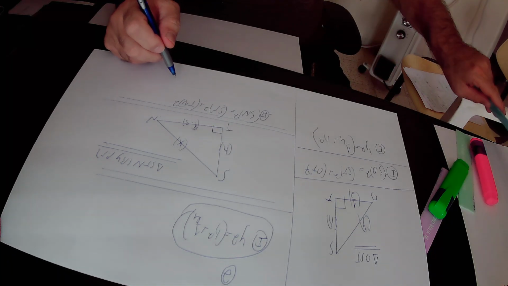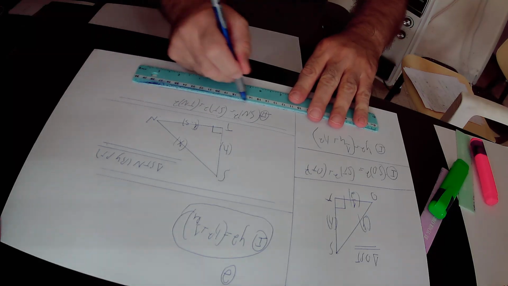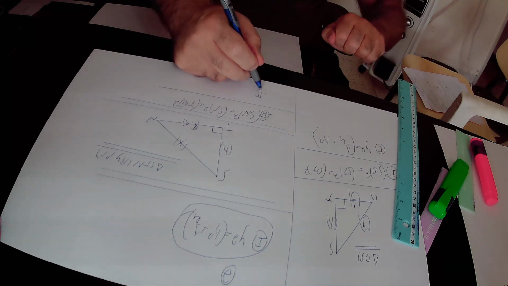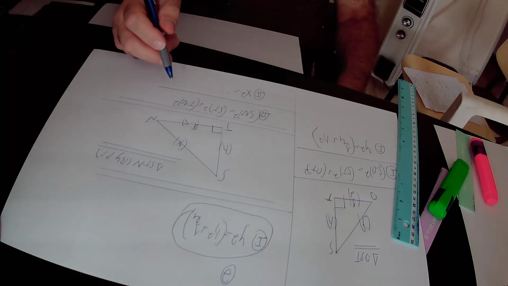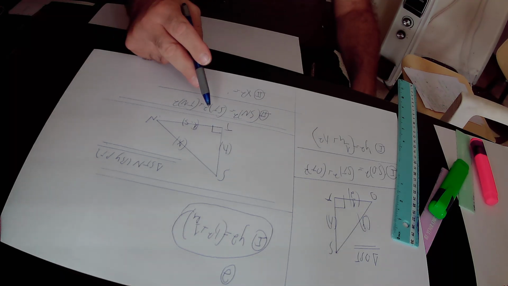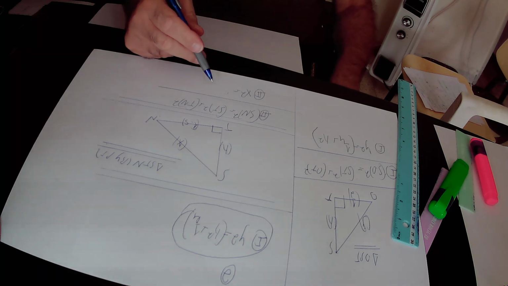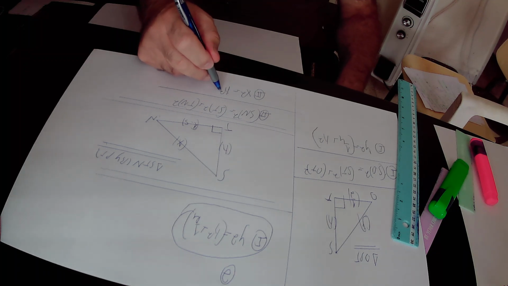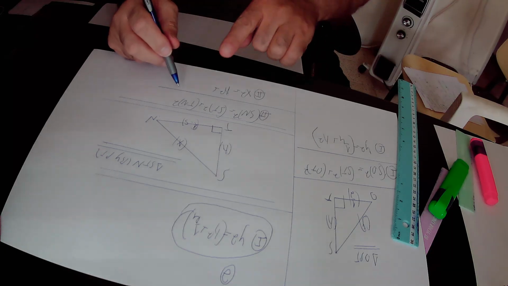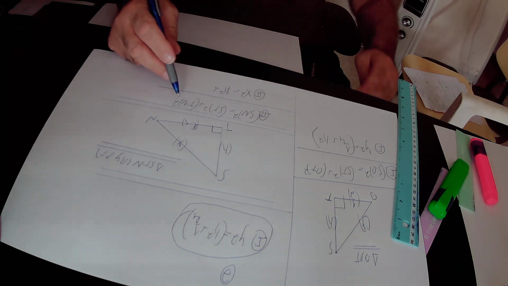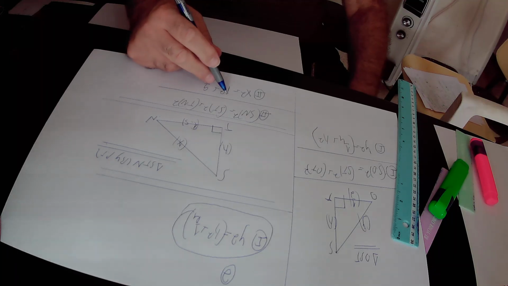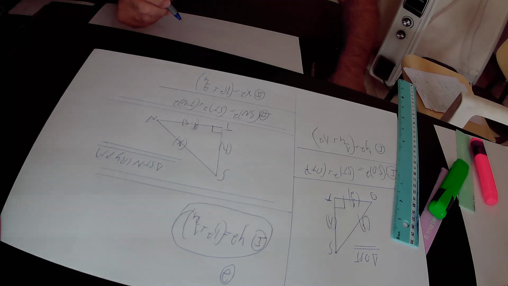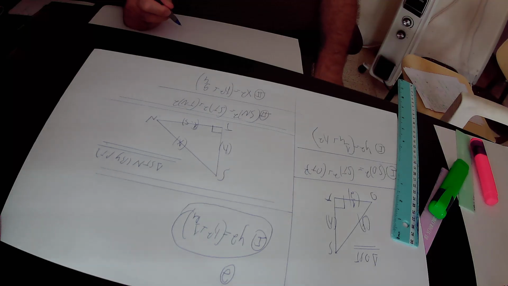SN is x, therefore SN squared is x squared, and it equals ST squared. ST is h, therefore ST squared is h squared, plus TN squared. TN is 3 over 2, therefore TN squared is 3 over 2 squared, that is 9 quarters. So in total, according to equation 2, we found that x squared equals h squared plus 9 quarters.